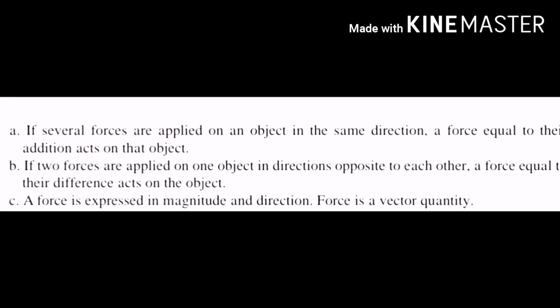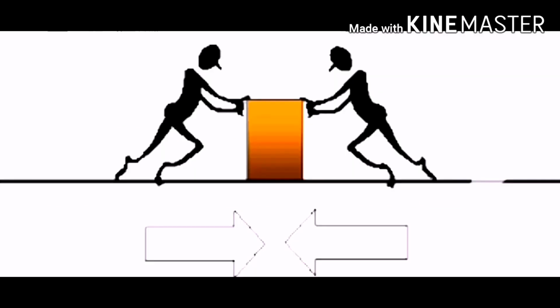Look at the second statement: if two forces are applied on one object in directions opposite to each other. So what does the statement mean? Now see this picture. We have the same cupboard, but you're pushing from opposite ends. One is pushing from the left and another pushing from the right. Now students, listen carefully.